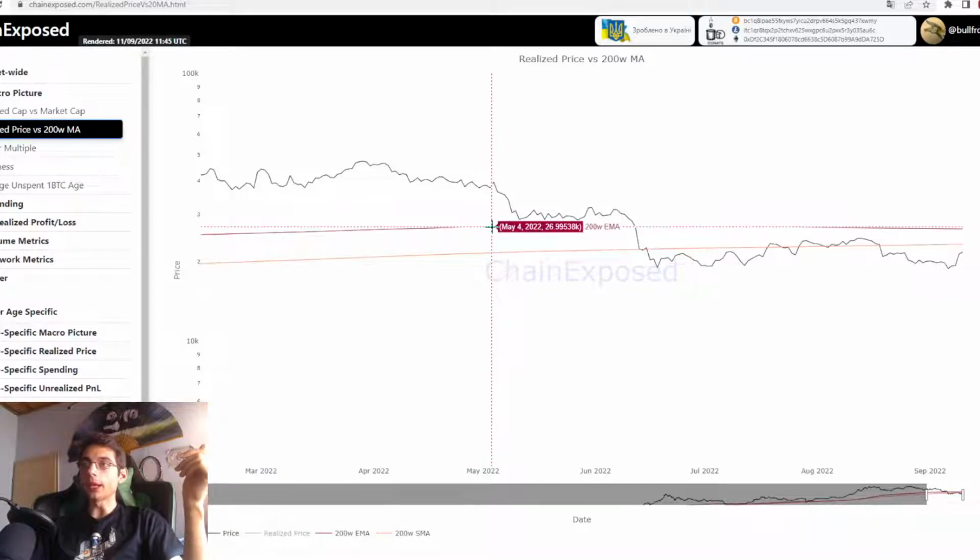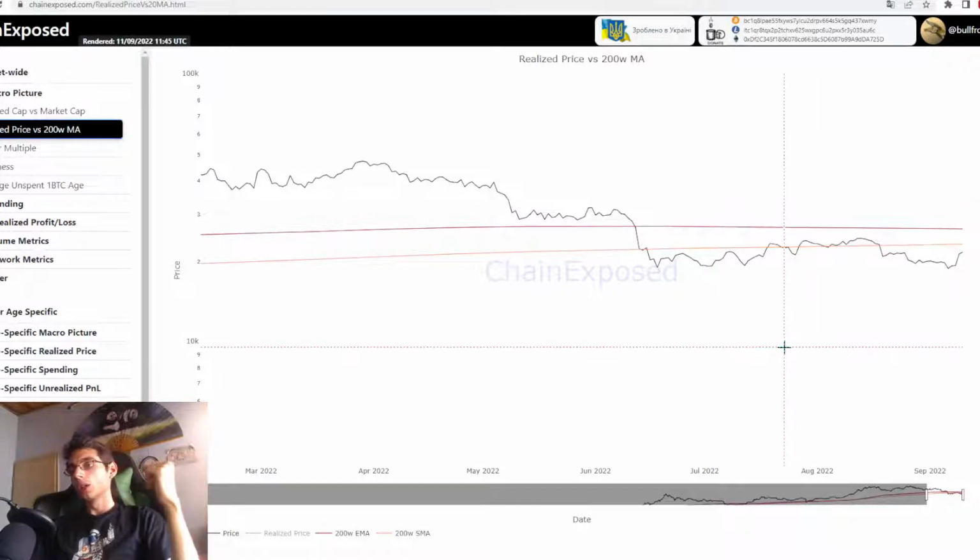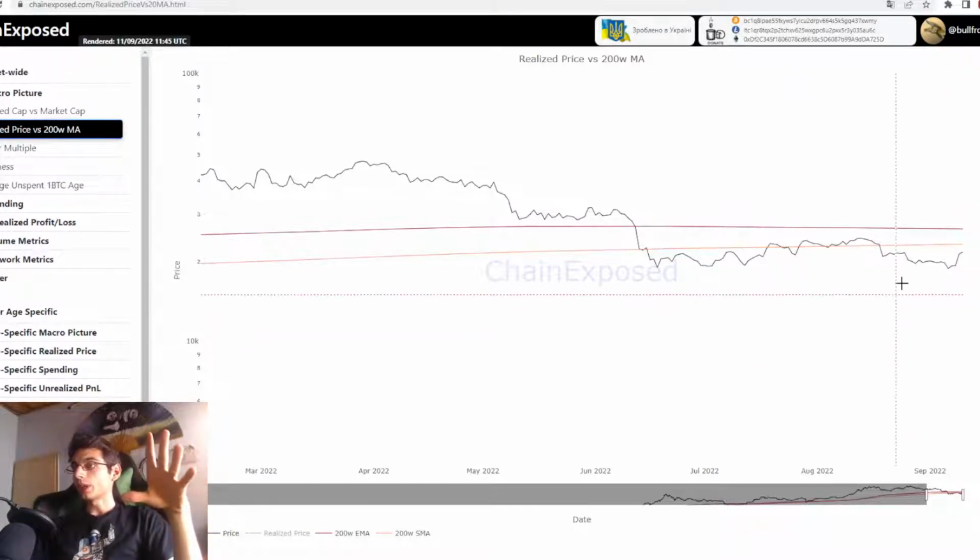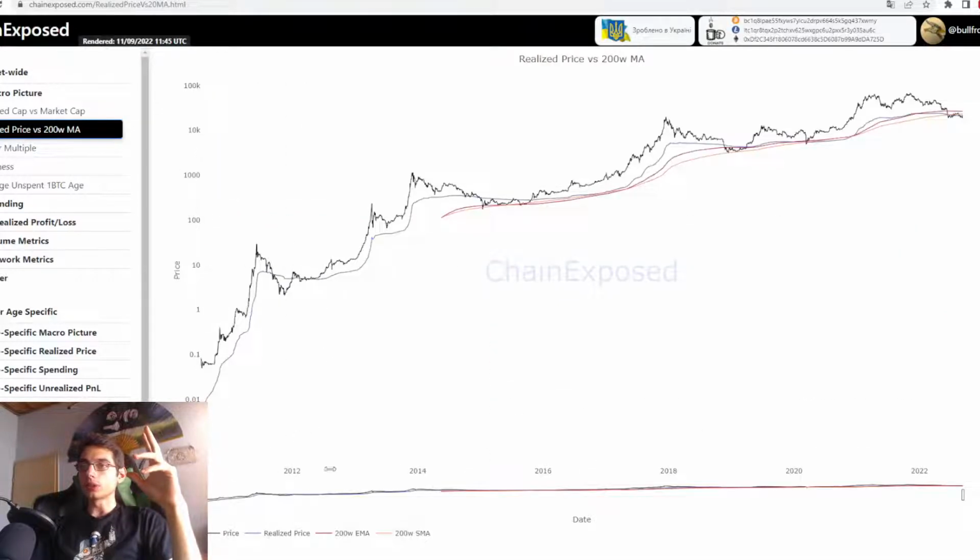The weekly EMA, the exponential moving average, is this red line. Meanwhile, this orange line is the SMA. So the SMA and the EMA, how they relate to the price.